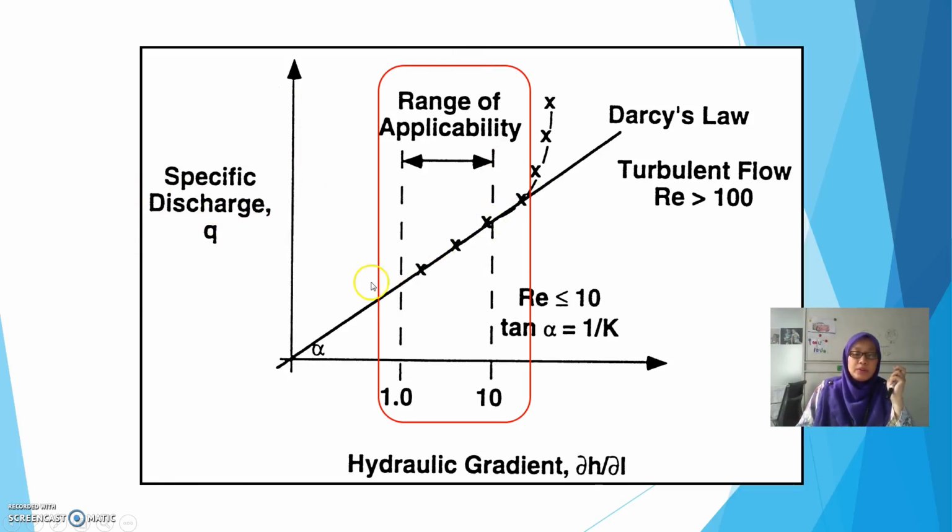If we plot this using turbulent flow, with Reynolds number RE more than 100, we can find that Darcy's equation is only applicable in the range of 1 to 10 of Reynolds number. This is the range of applicability for Darcy's law.